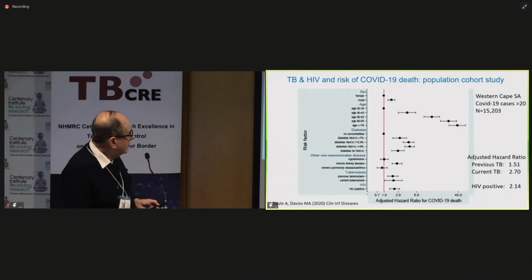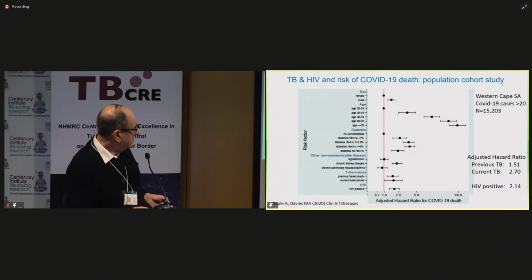The effect of diabetes, unequivocally, with a hazard ratio of 2 to 3. In this particular population, no effect from hypertension or chronic lung disease, and I'll come back to that in a moment. But you can see the effect of either a previous diagnosis of tuberculosis or a current diagnosis of tuberculosis, which had been microbiologically confirmed.